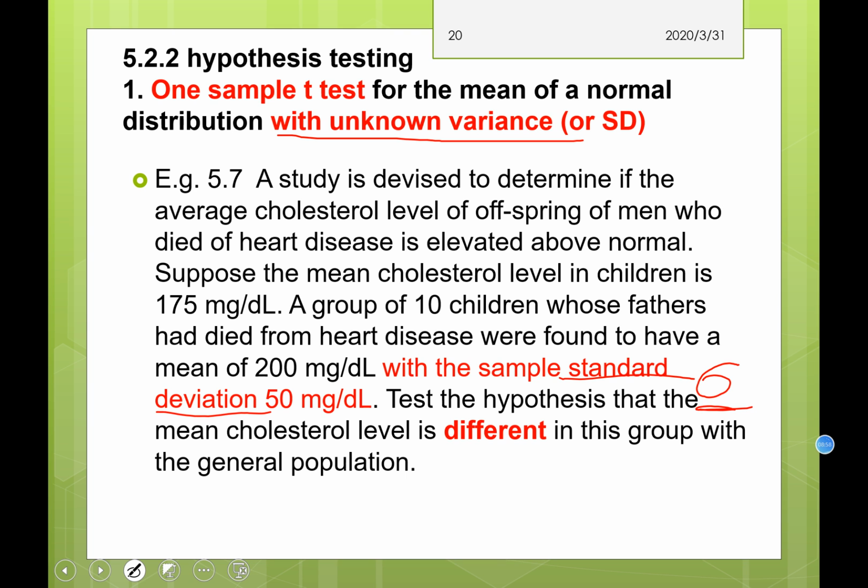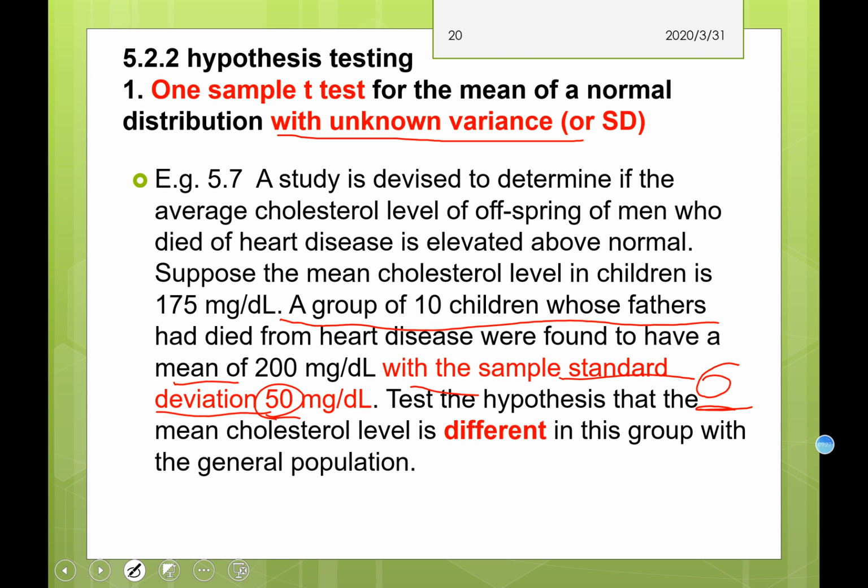So here, let's think about this number. This is the standard deviation, but is this number a standard deviation of a sample or a population? So let's read this sentence. A group of 10 children has a mean with the sample standard deviation.